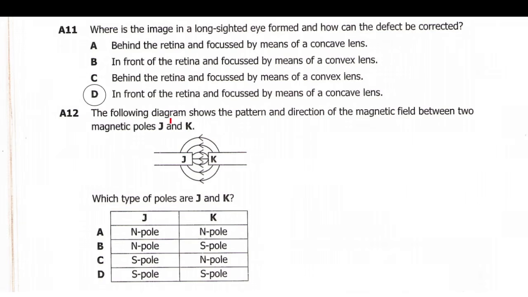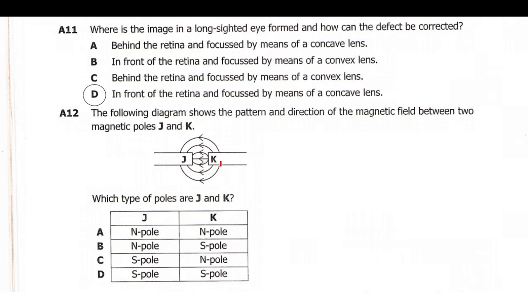So 12, the following diagram shows the pattern and direction of the magnetic field between two magnetic poles J and K. So we have J and K, and we have these magnetic fields flowing from K to J. Then the question is, which type of poles are J and K?